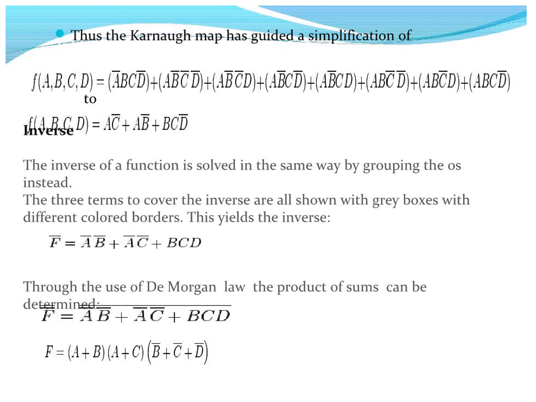Thus, the K-map has guided the simplification, and f of A, B, C, D is equal to AC complement plus AB complement. This corresponds to the 2 quads, and BCD complement corresponds to the pair.